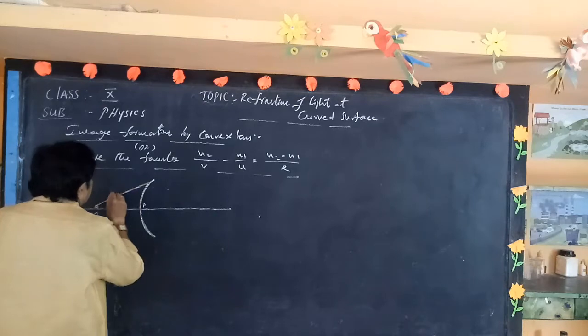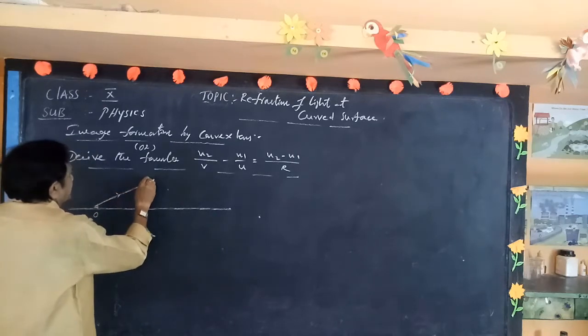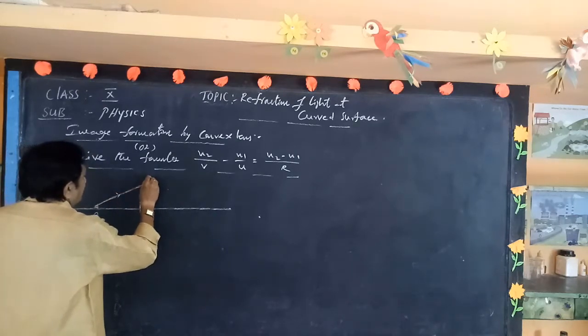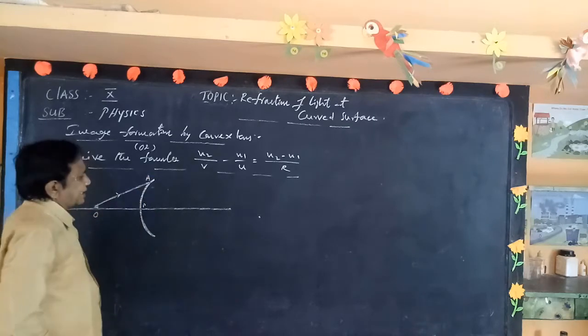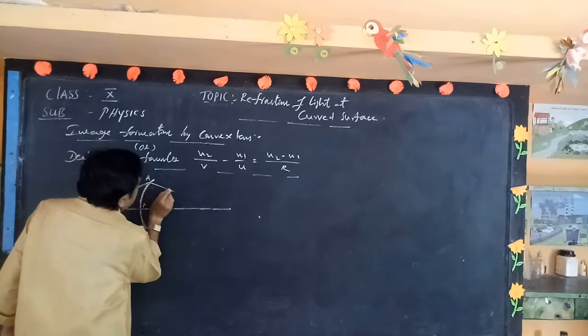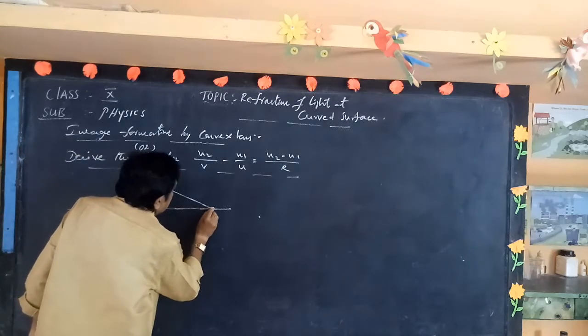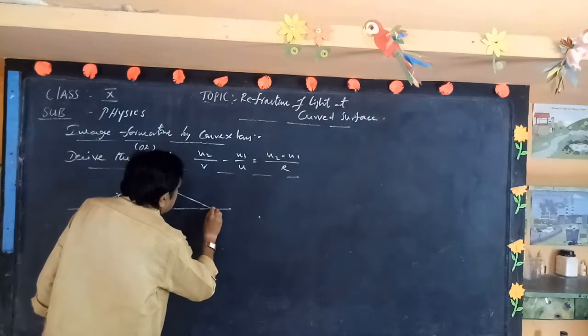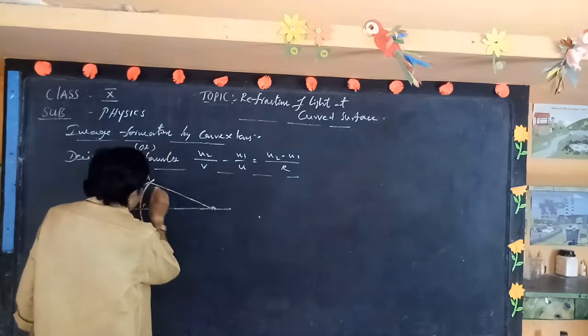Here we take an incident ray which touches the lens at a point, we consider it as A. From there, the ray will be refracted and touches the principal axis at another point on the other side.